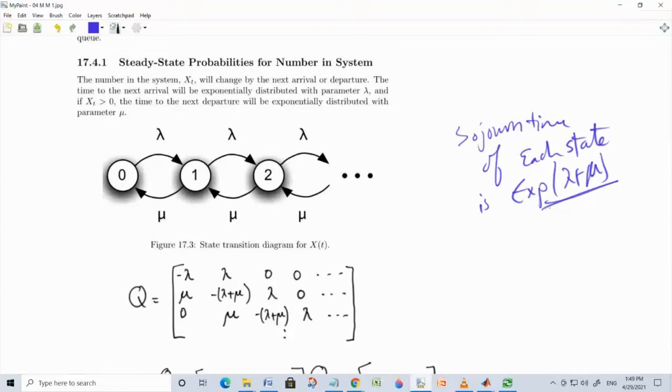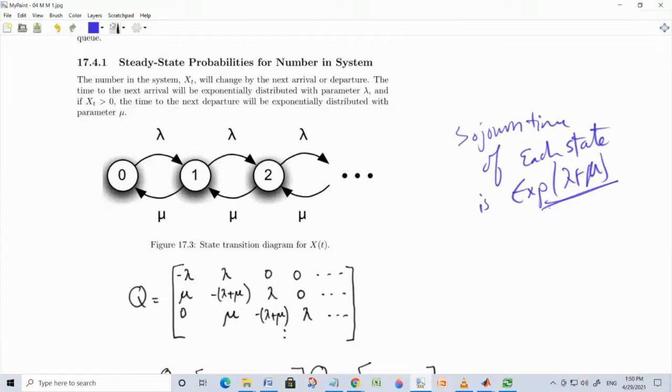Or the server will finish serving the customer who is being served, and this time is exponential mu. So the time that you remain in state 2, or any other state i greater than 0, is the minimum of these two random variables.